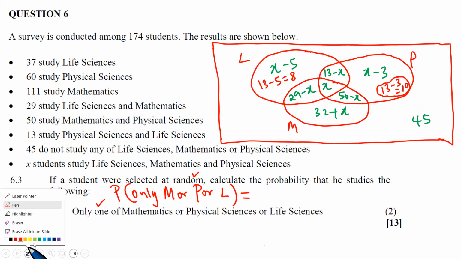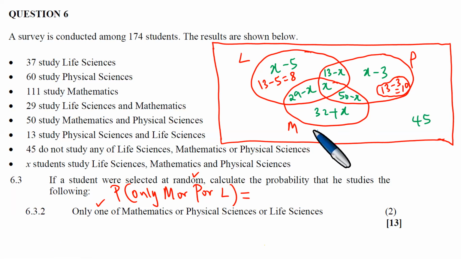Plus 13, which is 45. So you have 8 or 10 or 45, right?